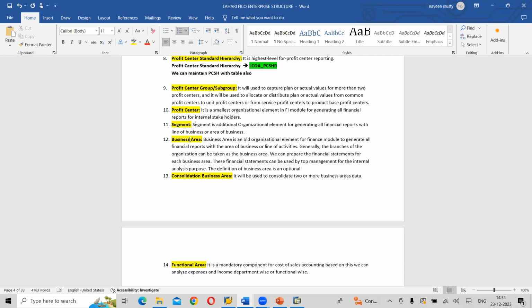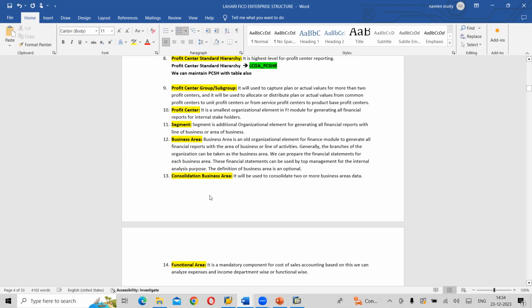So what I want to see: if I have only business areas, I can see each branch wise. But if I want to see how Indian branches are working in consolidated form, and how foreign branches are working, for that particular purpose we will do consolidation. We will create a consolidation business area. This is also a new concept.